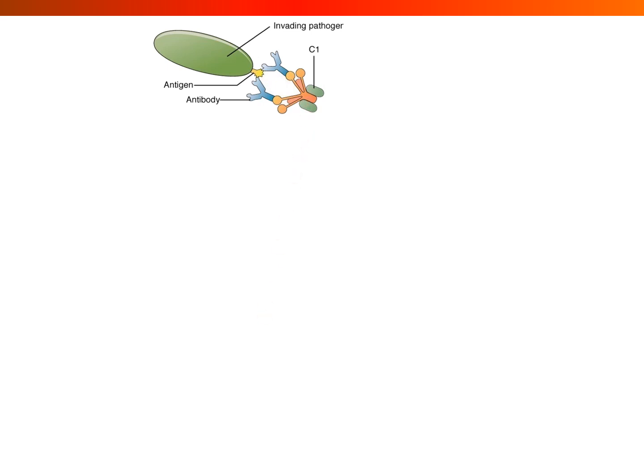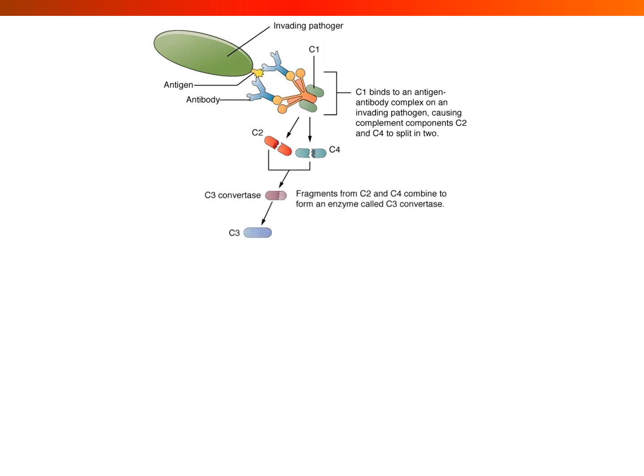So this first complement protein binds to the antigen, and it's going to cause complement protein C2 and C4 to split in two. So it basically acts like an enzyme that's going to cause some other complement proteins that are floating around to be activated. So we're going to split the C2 and the C4, and these two are going to come together and create that C3.